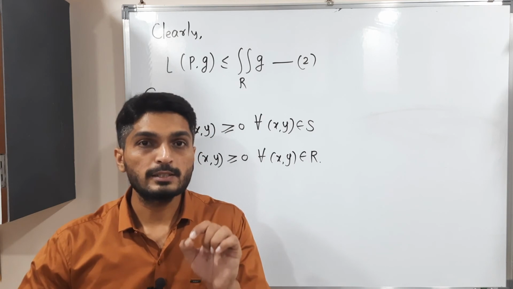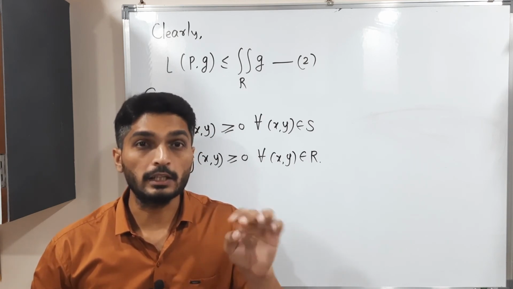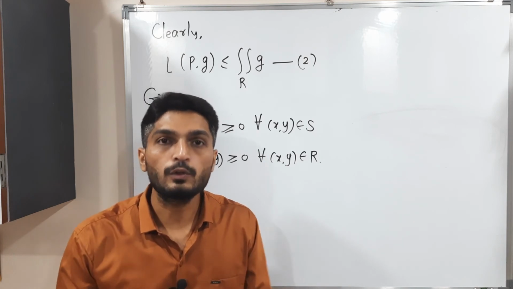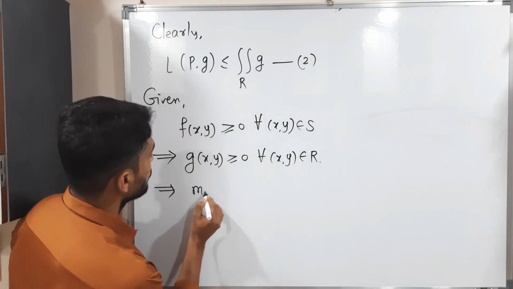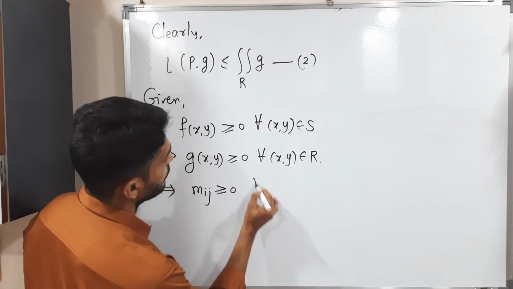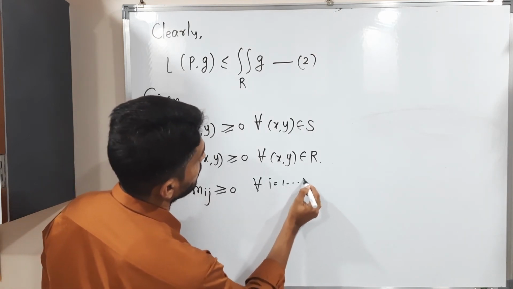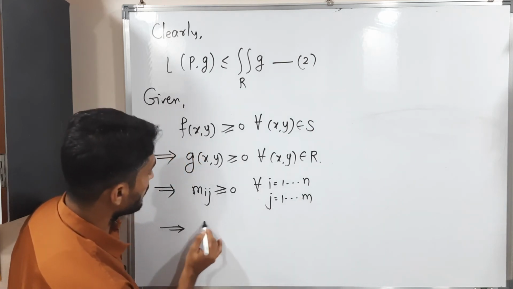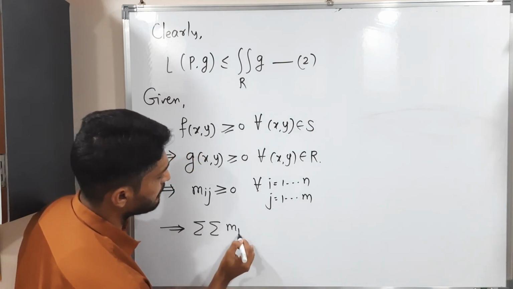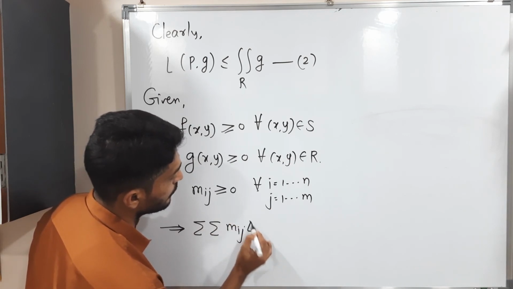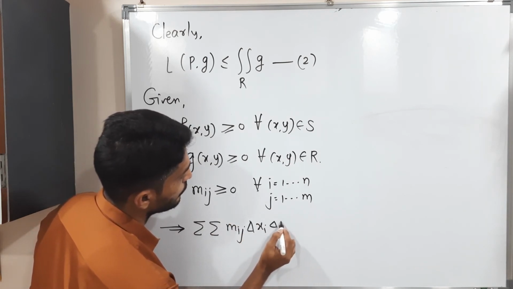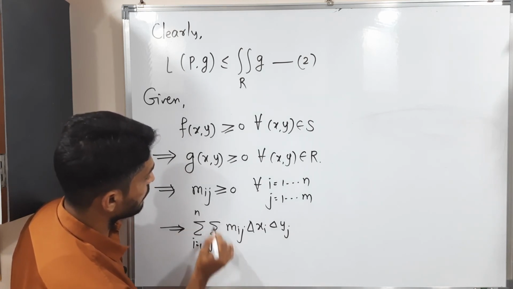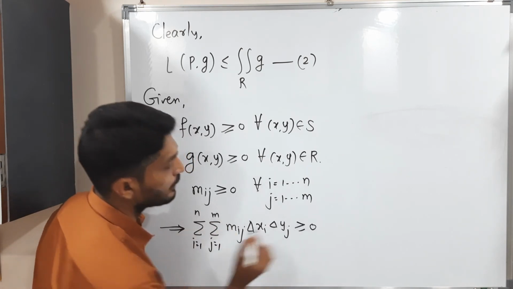We define small mij by taking the infimum of g. If the function is non-negative, small mij is also non-negative. So therefore, small mij is also greater than or equal to 0 for all i running from 1 to n and j running from 1 to m. So if you take the summation, doesn't matter, all of them are greater than or equal to 0, so the summation is also greater than or equal to 0.